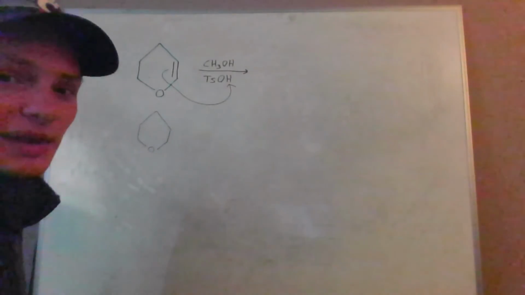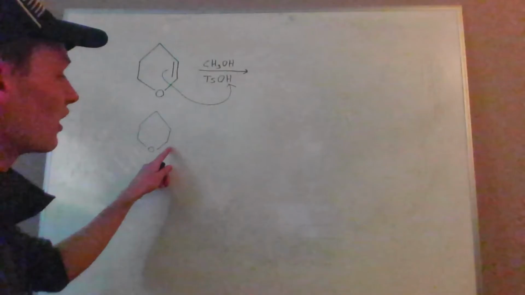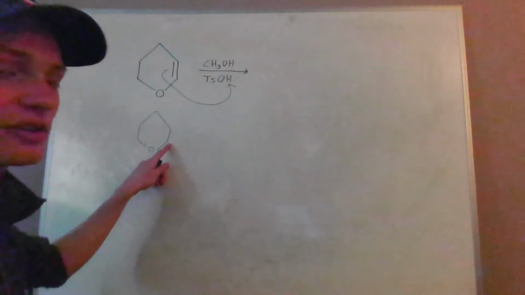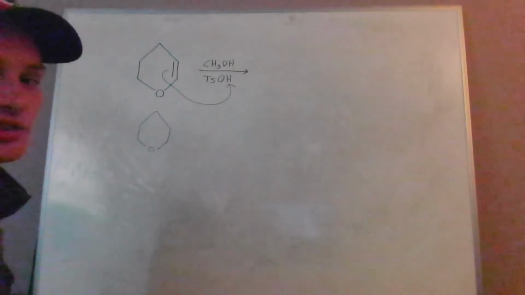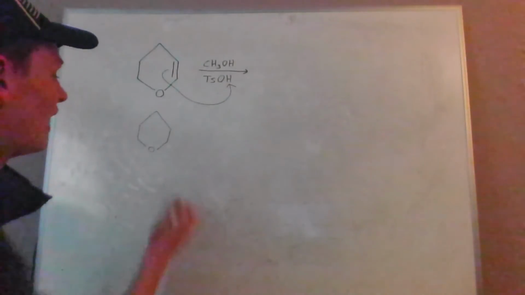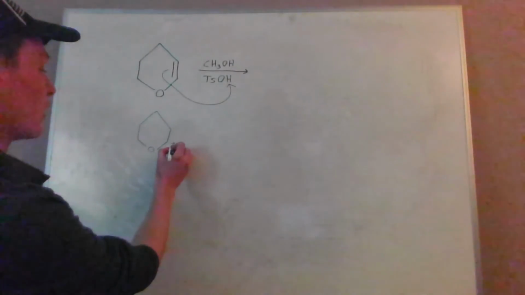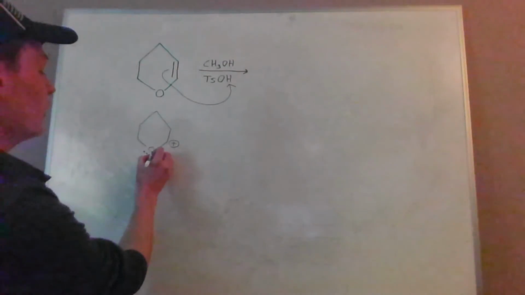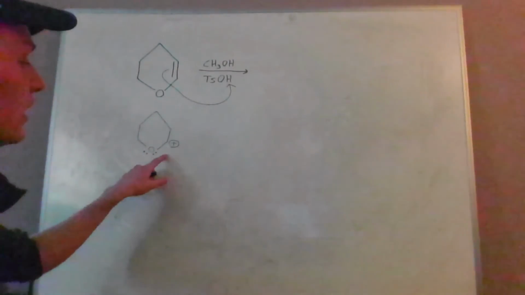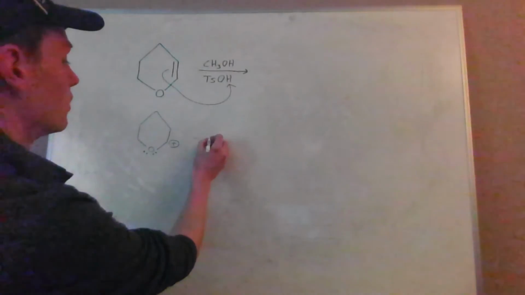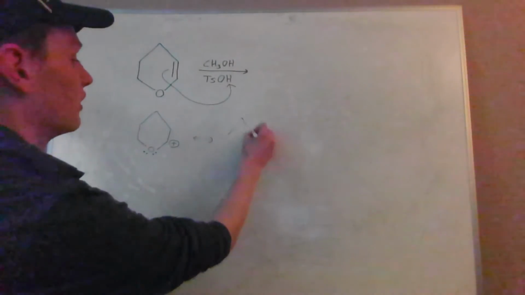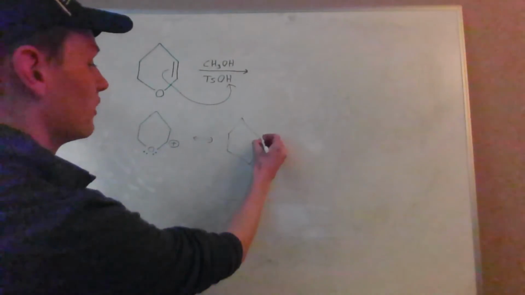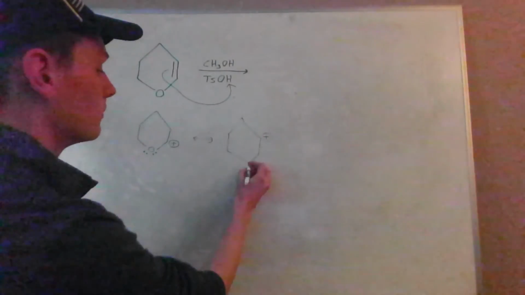Now, here's the big question, right? Where are we going to put this positive charge, right? Which carbon is taking this hydrogen? Well, I'm going to put the positive charge here, okay? And you might ask, well, why am I going to do that? Well, the reason I'm going to do that is because this is going to be more stable than this if we had the positive charge on the other atom.